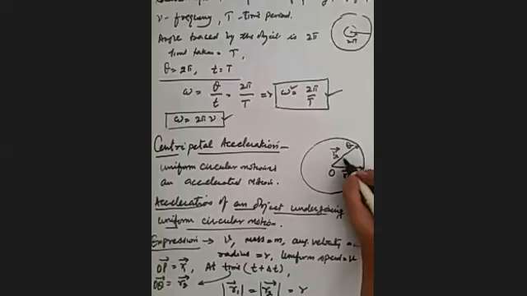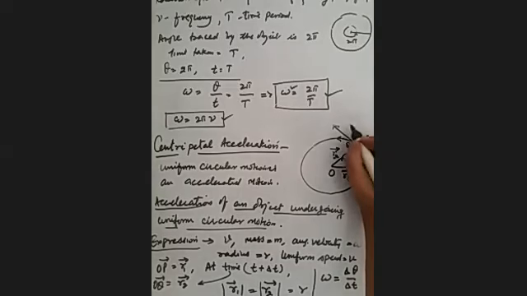The angle is delta theta, that is the angular displacement in time delta t. So delta t is the time in which this particle has gone from P to Q through angular displacement delta theta. Then omega, the angular velocity, is equal to delta theta divided by delta t.